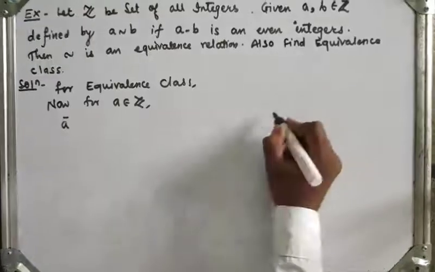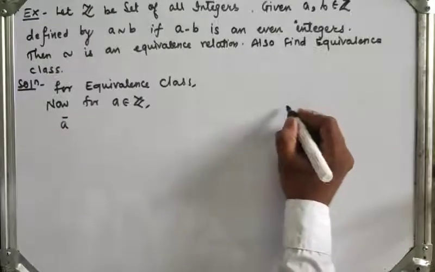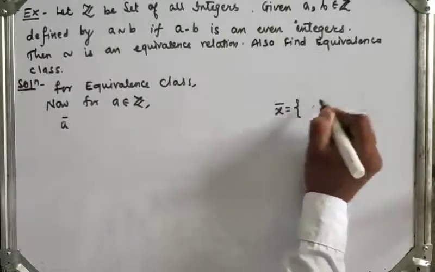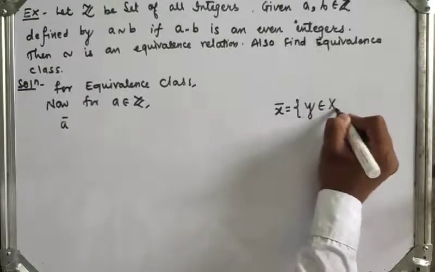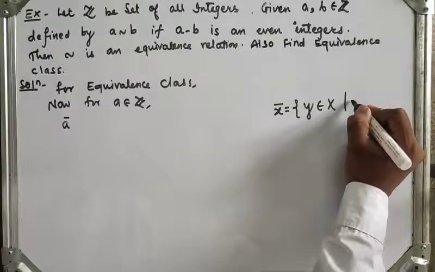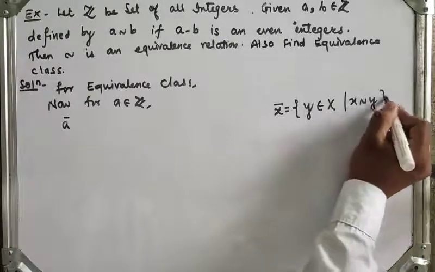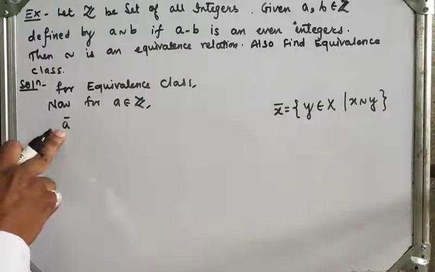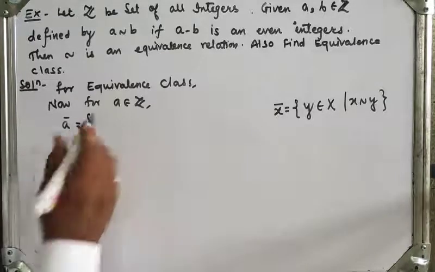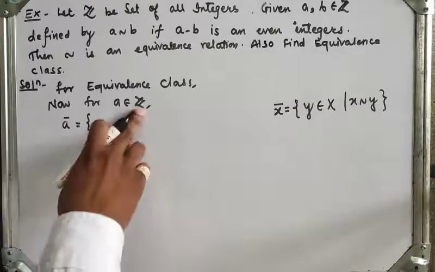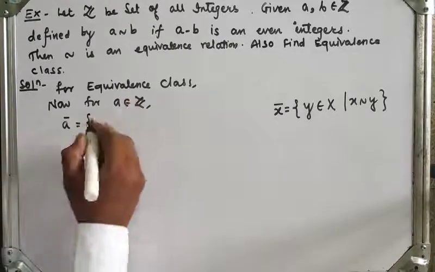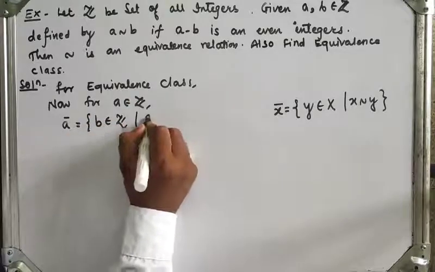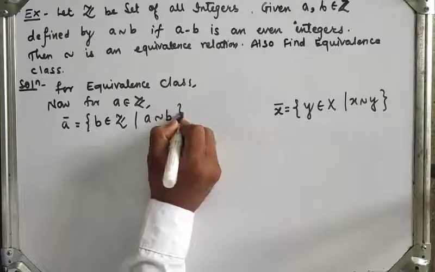Here we have seen the definition: suppose x belongs to set Z, the equivalence class of x is the set of all those y belongs to the set such that x is equivalent to y, right? So here I take element a, and take other elements from set Z, which is b. So the set of all those elements b belongs to the set of integers such that a is equivalent to b.